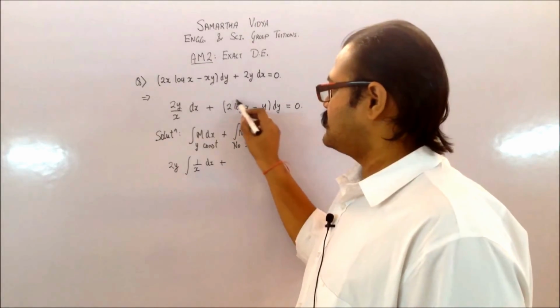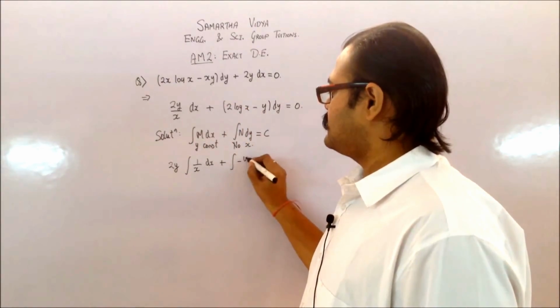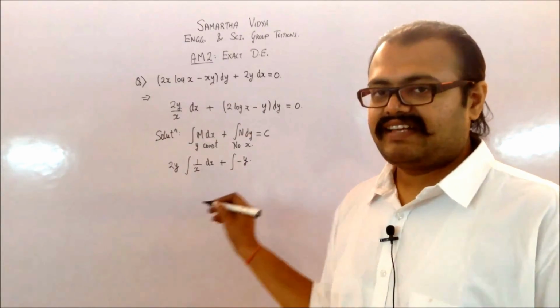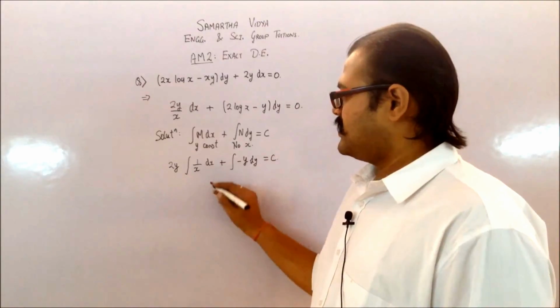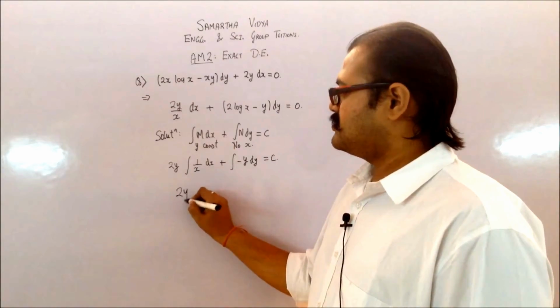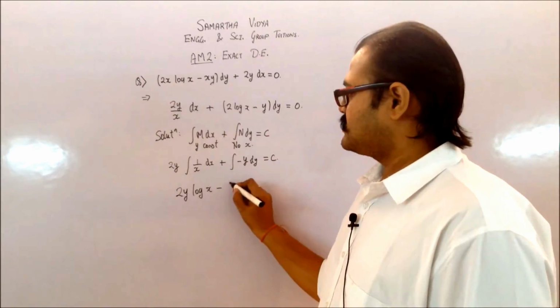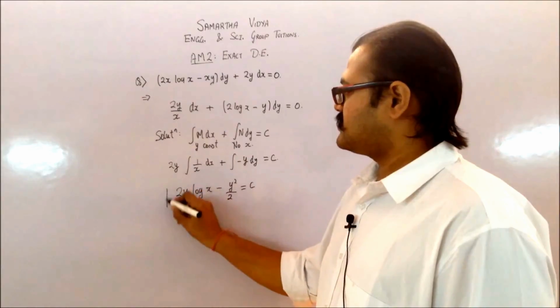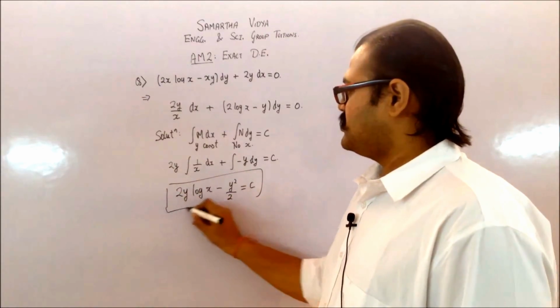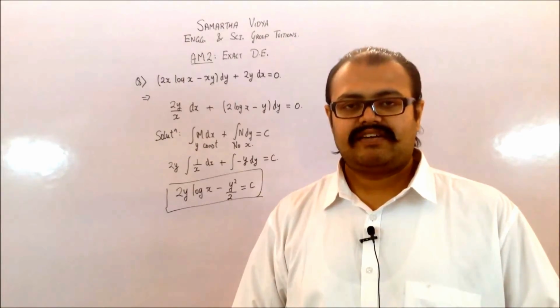The first term is of x, and the next term, that is y, is without the x. So I will have that as minus y dy. So on integration you will be getting this as 2y log x minus y square by 2, and this will be equal to some c. So this is going to be your solution of the given differential equation.